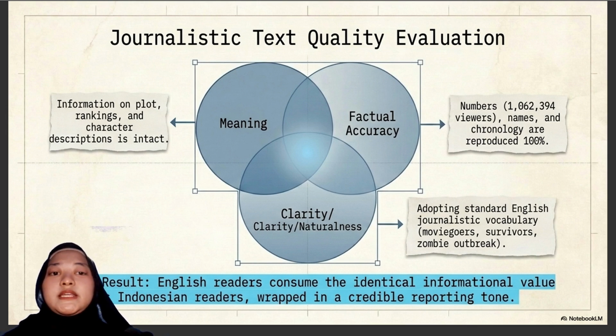Third is clarity and naturalness, a shift to standard English journalistic vocabulary such as moviegoers and zombie outbreak. The final result ensures that English readers receive the same informational value as Indonesian readers, but in a professional journalistic tone.